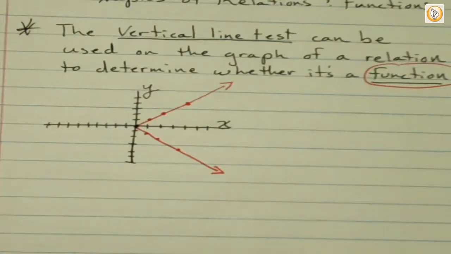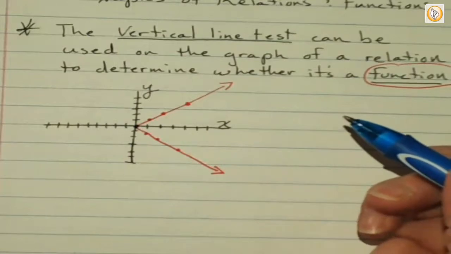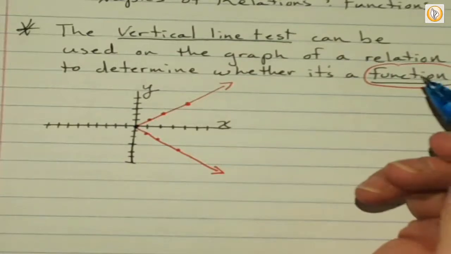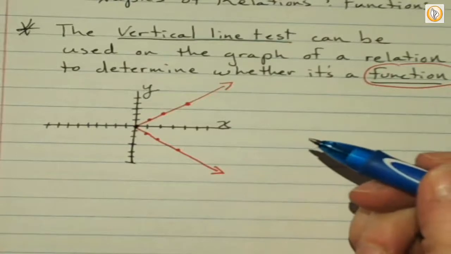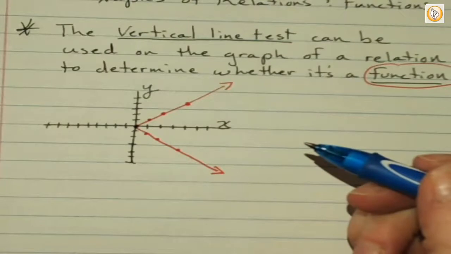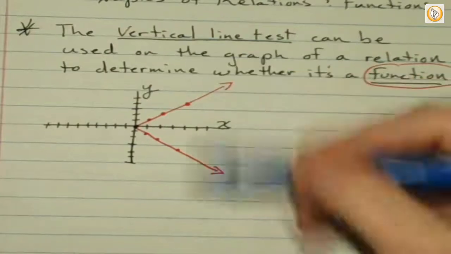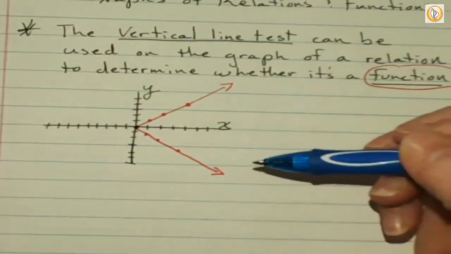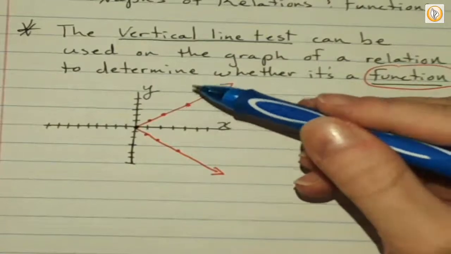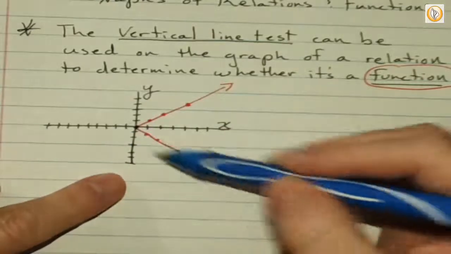Okay, so looking at this, just by looking at it, let's say the book says, is this a function? You can do what's called a vertical line test. You take your pencil or whatever and just draw a vertical line anywhere on your graph. We're looking at the red, your actual graph.